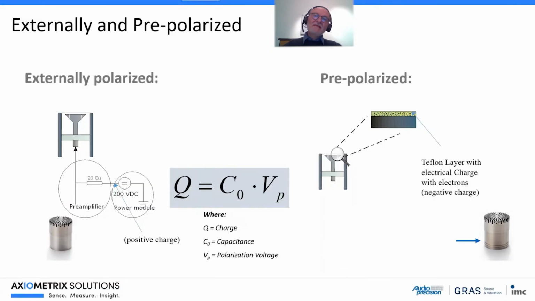You can actually see, if you have destroyed the microphone and you remove the diaphragm, that on a pre-polarized microphone you will see a black backplate, while on an external microphone you will see a backplate in standard steel color.